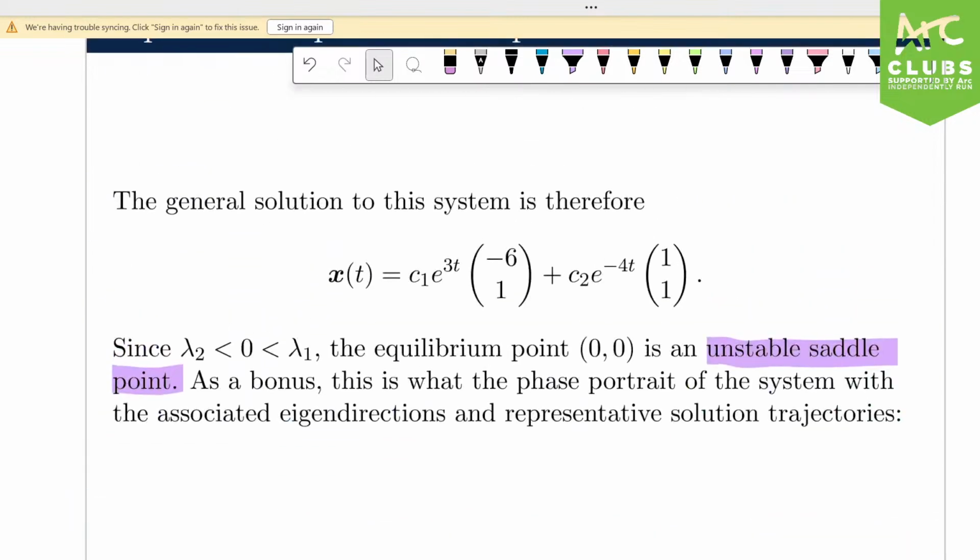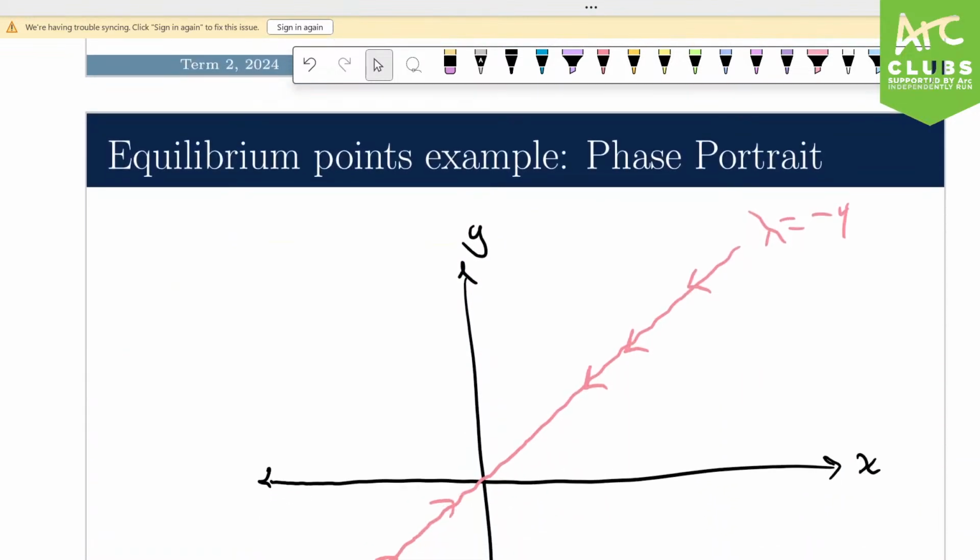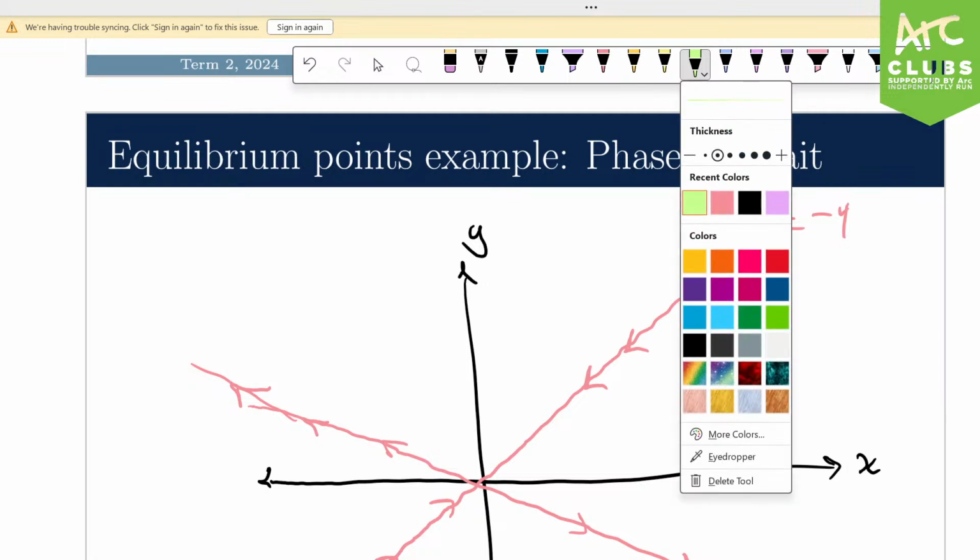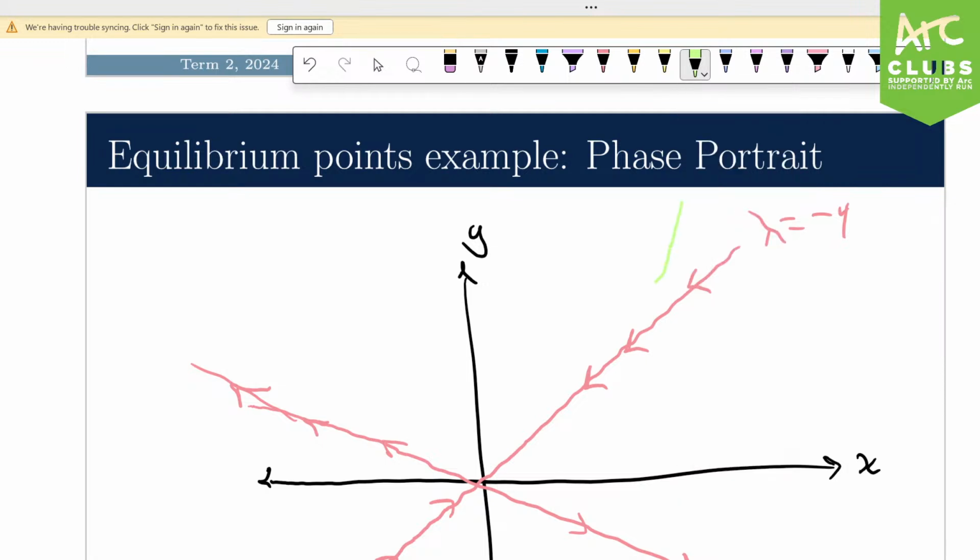Now, the next one is negative 6, 1. So let's draw this eigenvector in. It's going to look something like this. And we have that lambda equals 3, so this is repelling. We get a bit of repulsion going on. Now, a representative solution trajectory might be something that comes in, getting pulled in towards negative 4 and wanting to go towards the equilibrium, but then lambda equals 3 comes in and pushes it away.